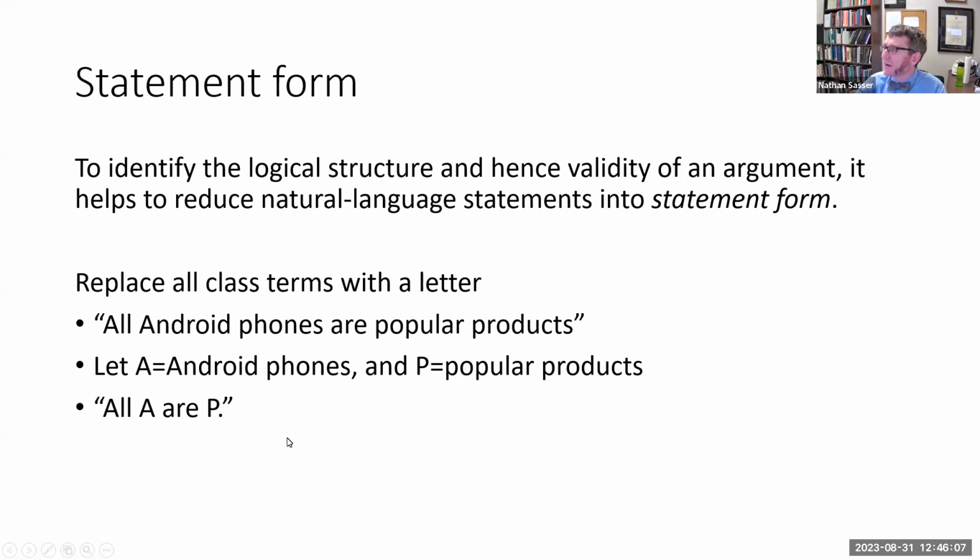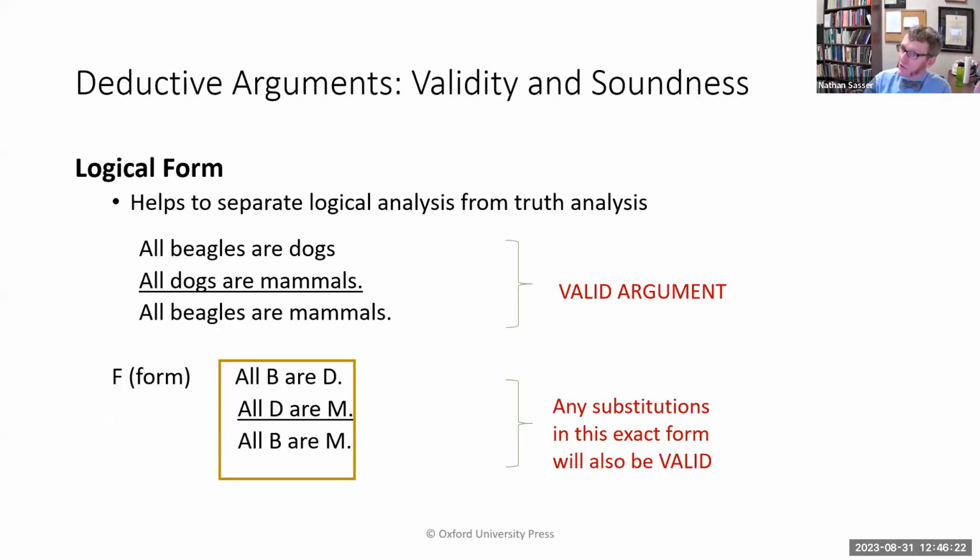Now, why would you want to do a thing like that? Why would you want to gut out all the particular content of that sentence? Because it strips away the distractions and just gives you the bare bones structure of it. And this will help you to determine whether an argument is valid. Because what you can do is reduce all the statements of a natural language argument to their statement forms. Okay, so let's say we had this argument.